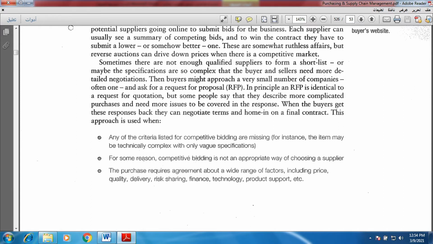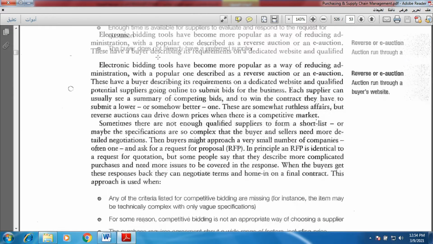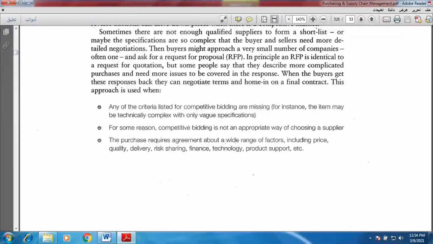So what are the occasions when we go to direct negotiation? These items explain the time when we go to direct negotiation: if one of the criteria we mentioned above is missed, we go to direct negotiation.